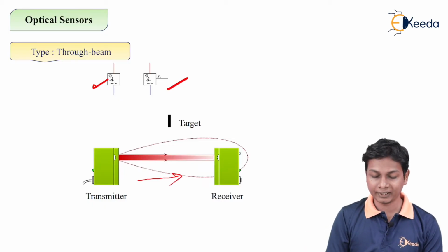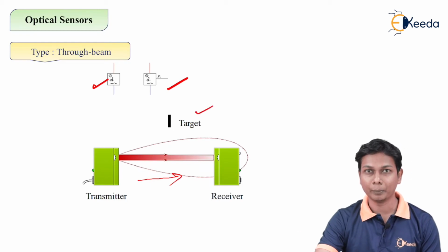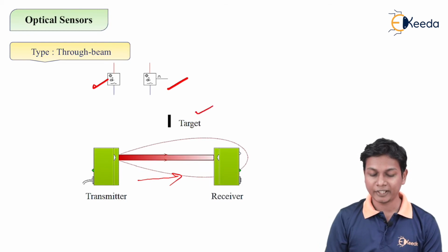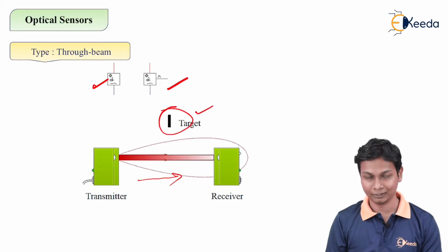Now here is the target scene. What will happen if this particular obstacle cuts this signal? See here.